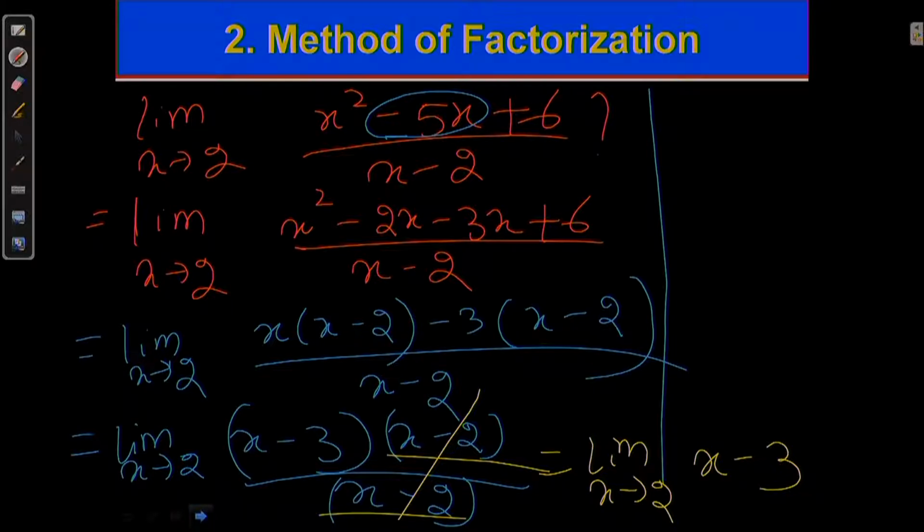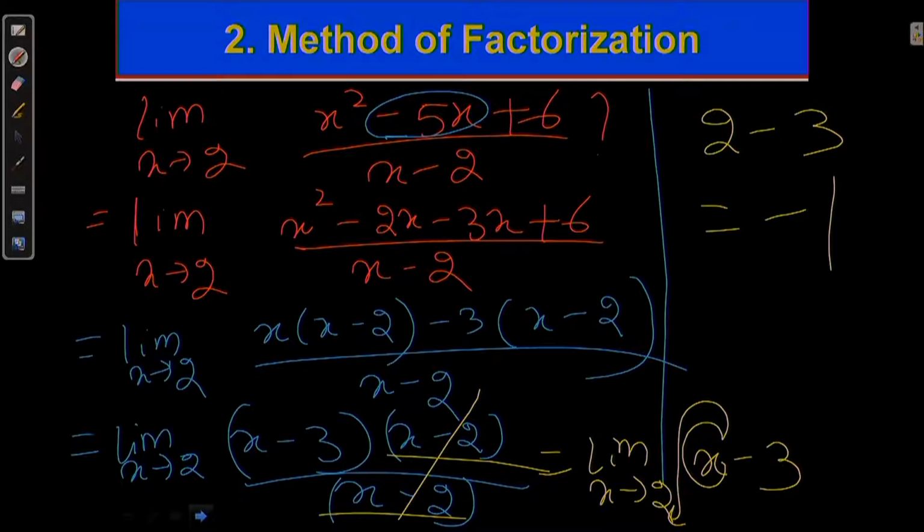Now in place of x, I can write the value 2 because x tends to 2. So the value becomes 2 minus 3, which equals minus 1. If x tends to 5, I can write 5 minus 3, which equals 2. Suppose x tends to 7, 7 minus 3 equals 4. This is known as the method of factorization.